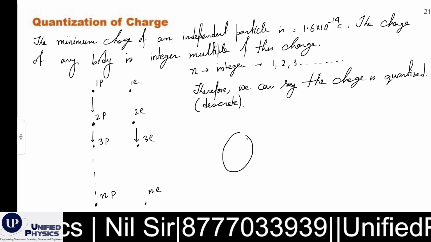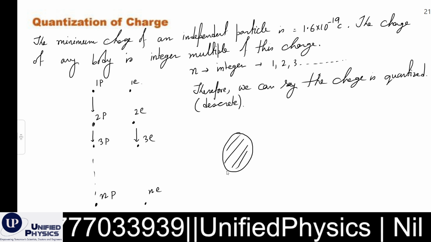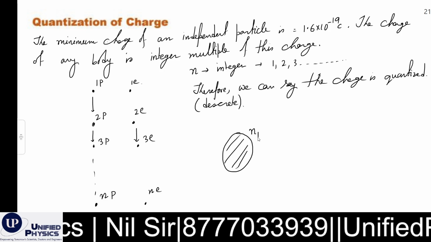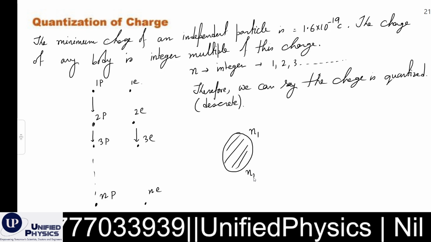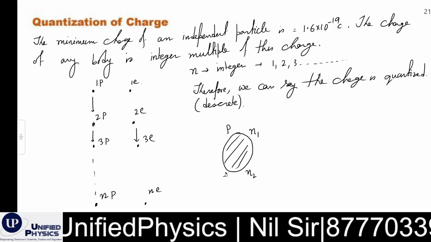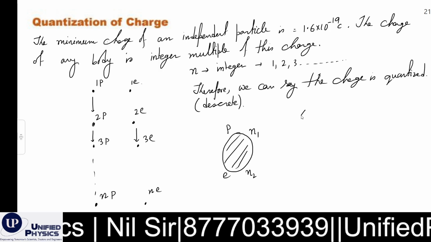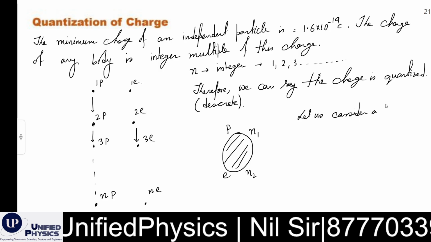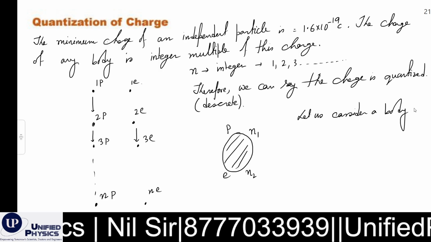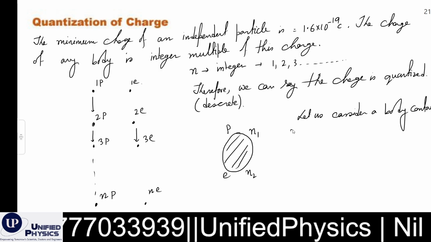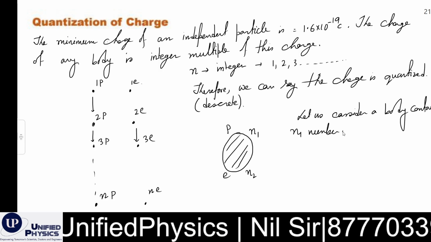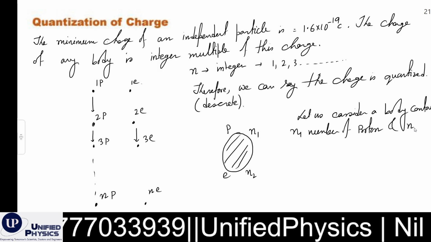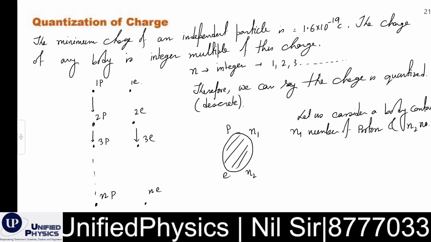For example, here there is a body. Let us assume this body contains n1 number of protons and n2 number of electrons. Okay, so it contains protons and electrons, both the particles. Let us consider a body contains n1 number of protons and n2 number of electrons.